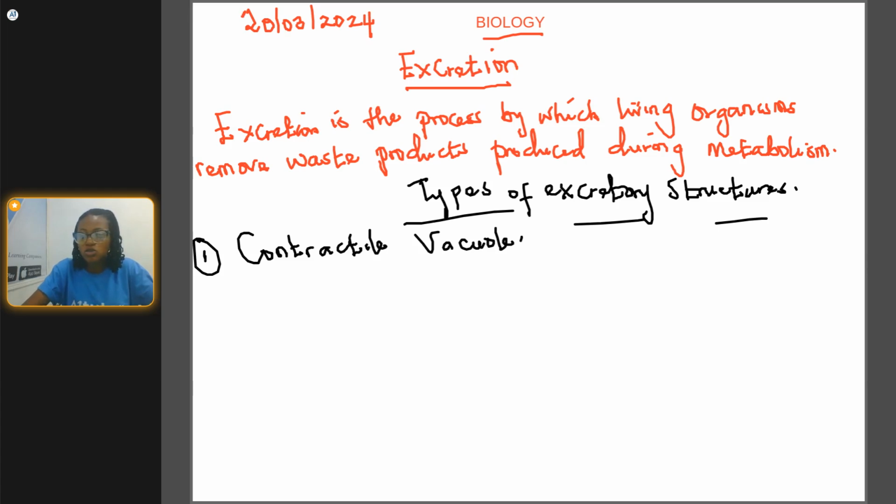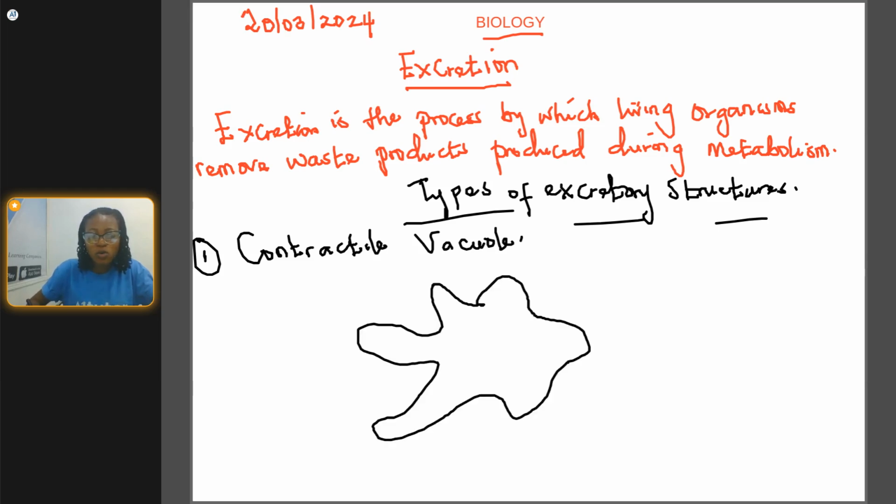All right. So I think I'm going to just show you how it looks. Like you all know, amoeba has no shape, right? So the contractile vacuole is something like this in amoeba, and it is labeled contractile vacuole.